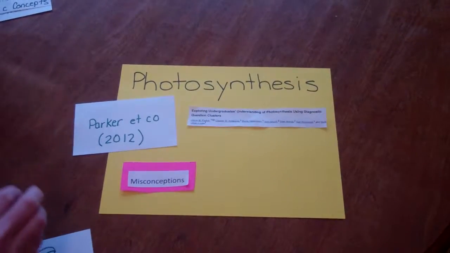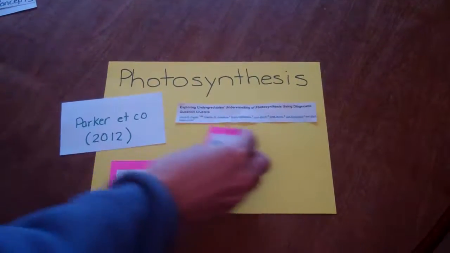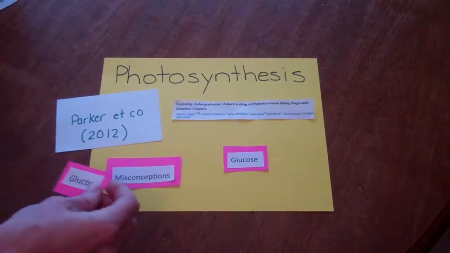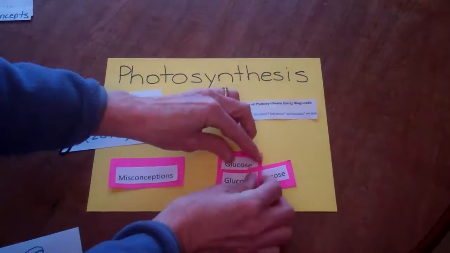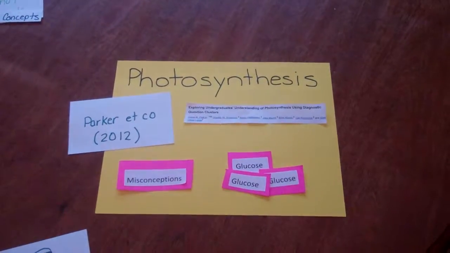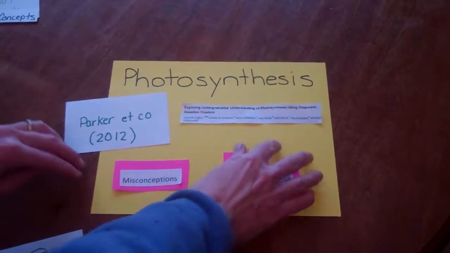Another common misconception is that the end product is glucose, when in fact the glucose are building blocks for a complex carbohydrate, cellulose or starch.